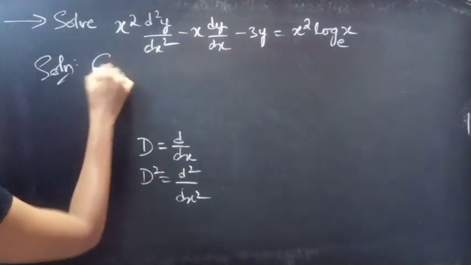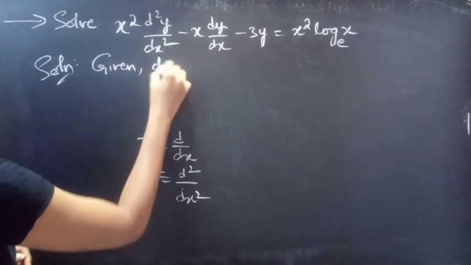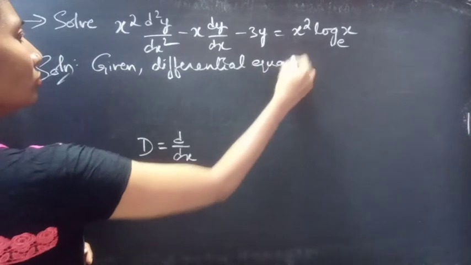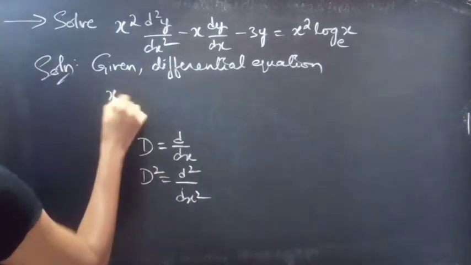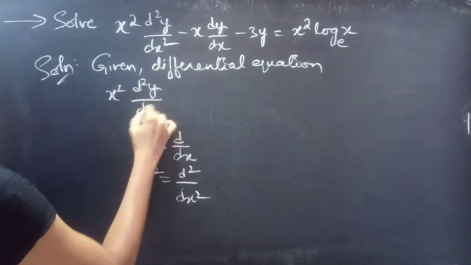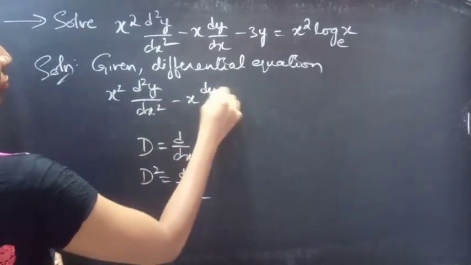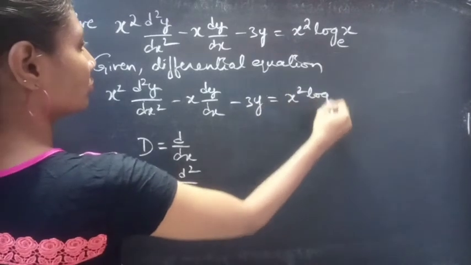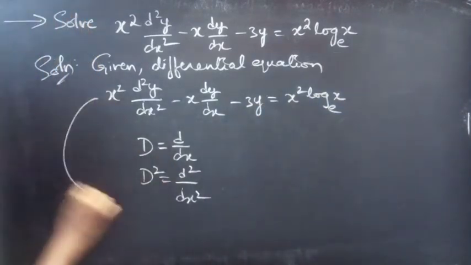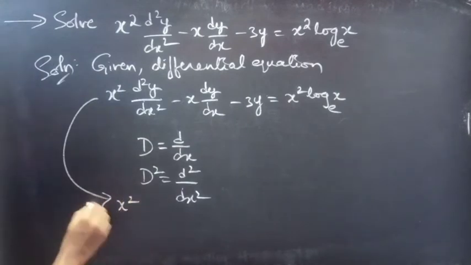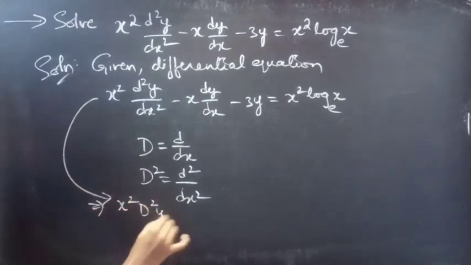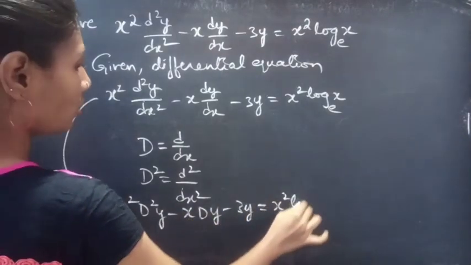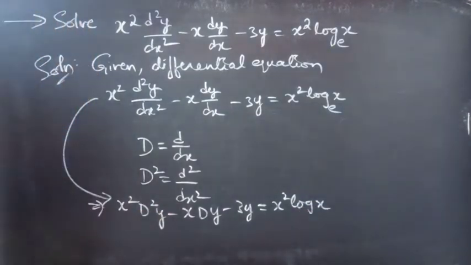Now we can write our equation as x square D square y minus x Dy minus 3y equals to x square log x, right?